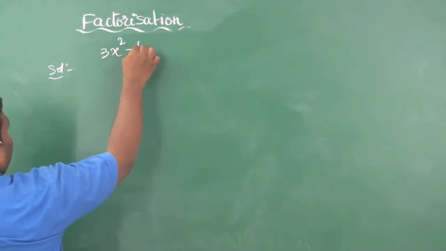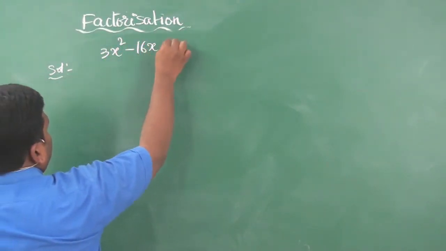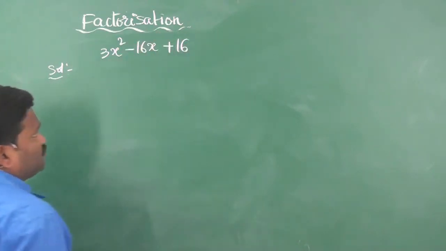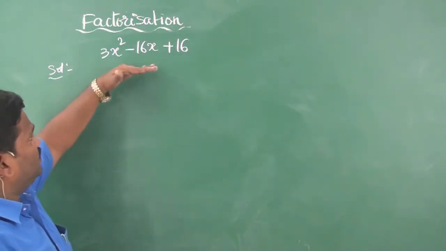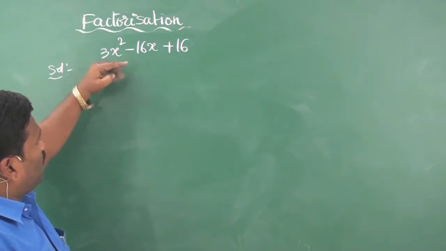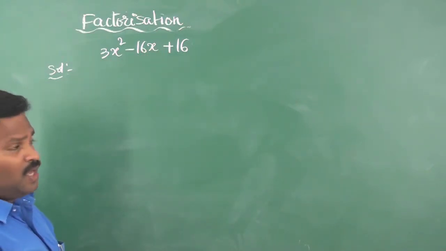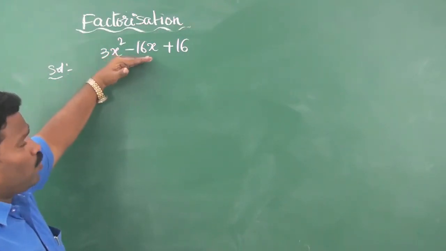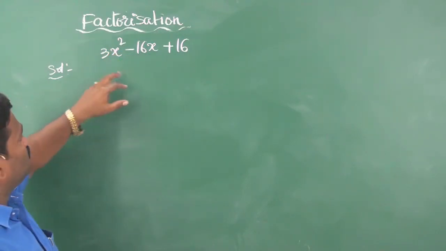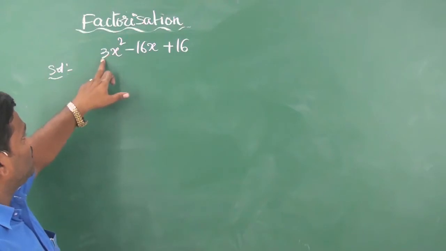Factorize 3x square minus 16x plus 16. This is also not a monic quadratic polynomial since the coefficient of x square is 3.